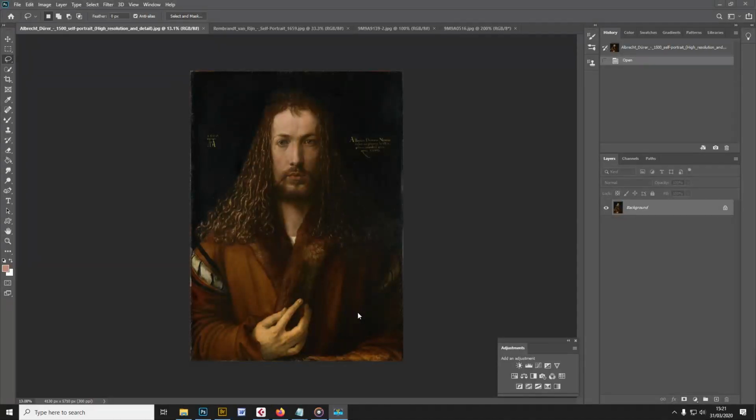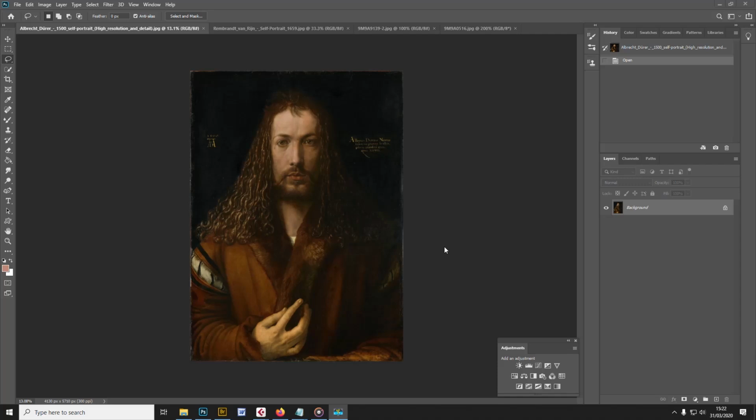Hi there, and today I'm talking about Durer's Eye, and I'm talking about Durer's Eye in relation to the catchlight, which, as you'll probably know, refers to a specular highlight, which is visible in the eye, typically of a portrait subject.